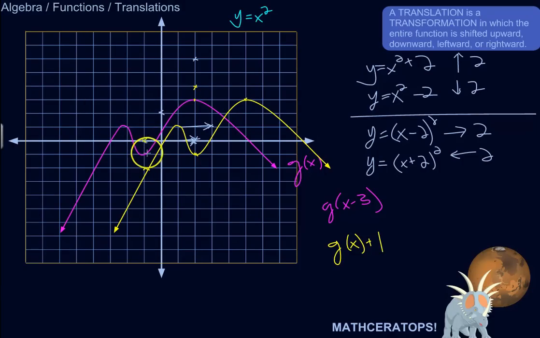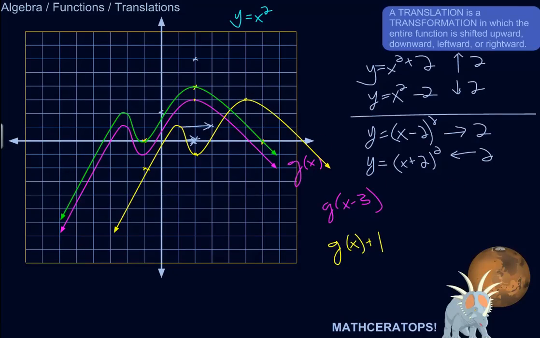That little valley there would move up 1. That little peak there would move up 1. I'm just picking some points that are easy to see. This point would move up 1. So copy this, make it a different color, and then the whole thing would move up 1, something like that.